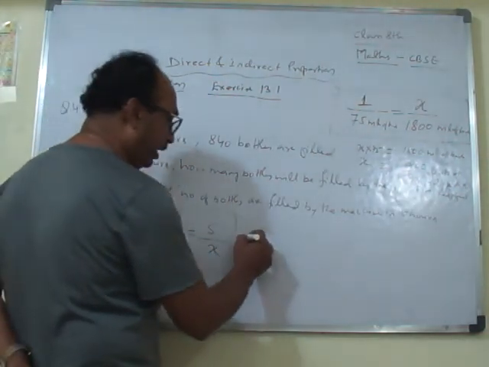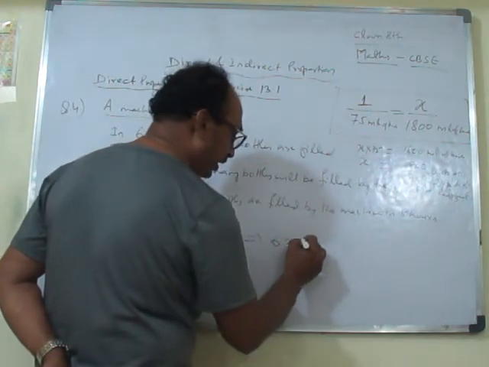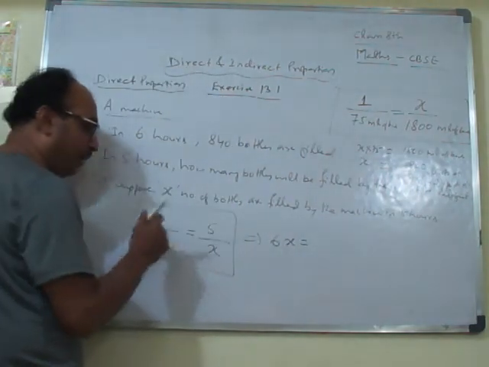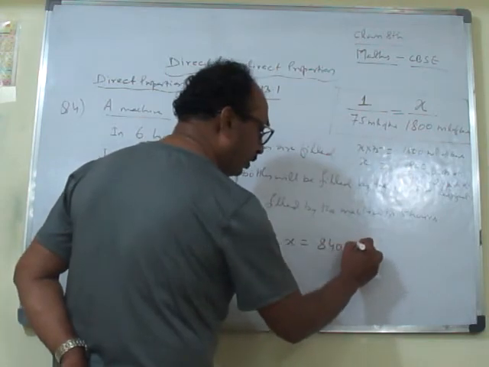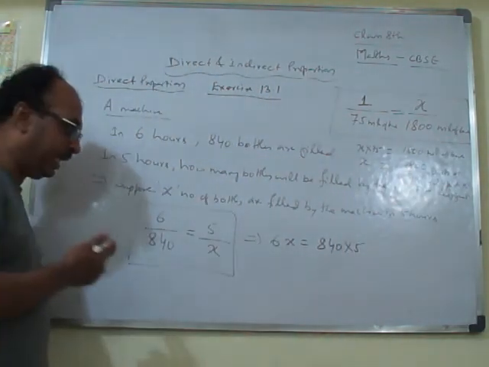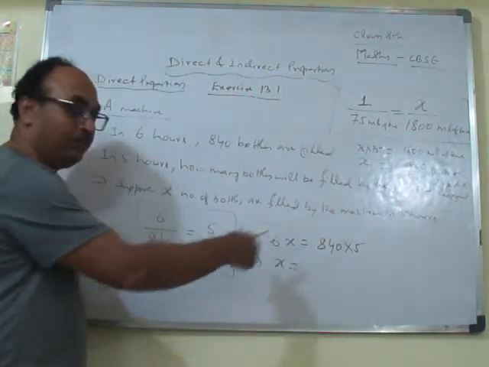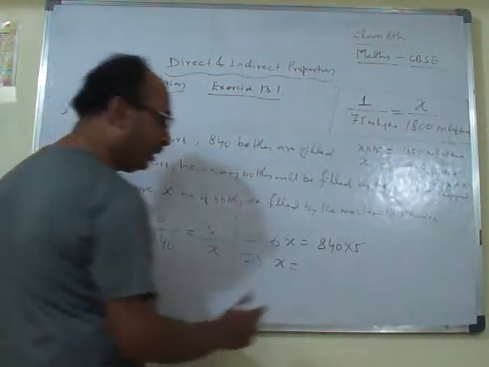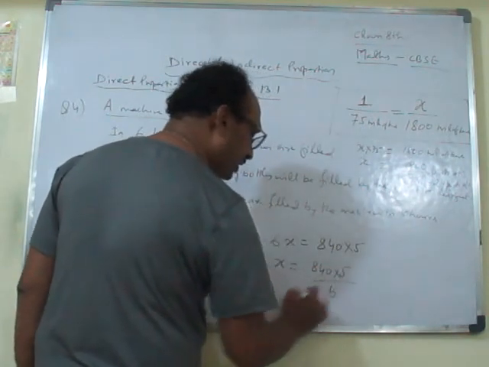So from here, what are we finding? 6 into x gives us 6x. Then here it is 840 into 5. Then from here we solve for x. It has become just like an equation in one variable. So x is 840 into 5 divided by 6.